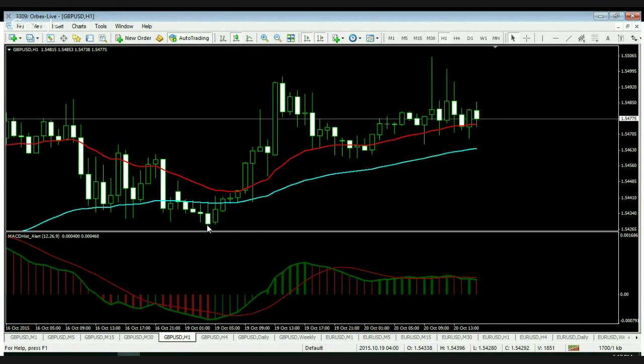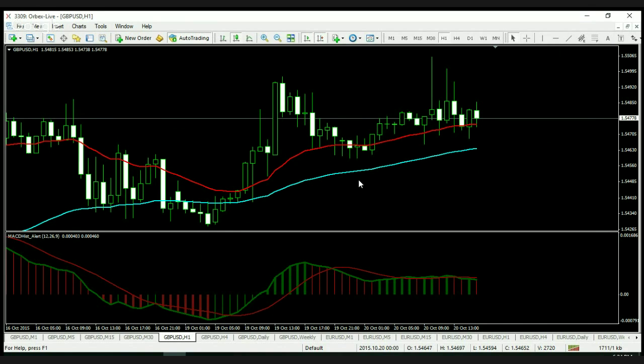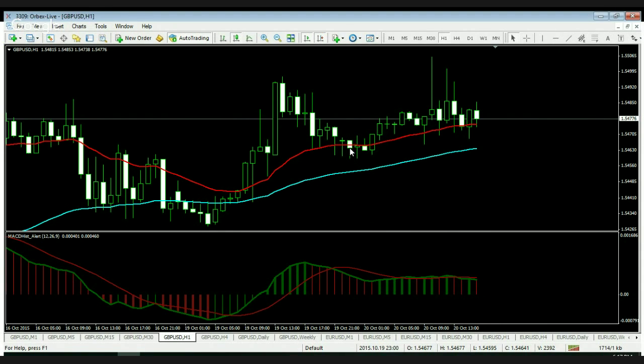Right here would have been a good entry. 54289. Fine, so at least 50 pips would have been made. And it went here, 54595.